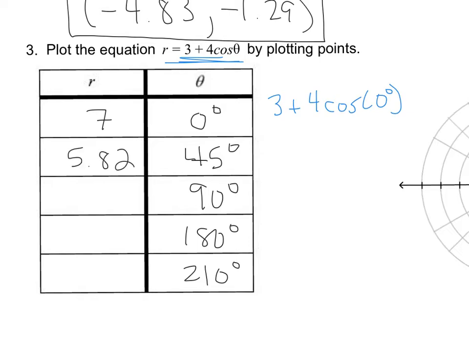And we'll plot all these points, and then we'll use our calculator to kind of fill in our graph. If I do 90, so 3 plus 4 cosine 90, I get 3. If I do 180, then I'll get negative 1. If I get 210, and this will be a weird one, I'll get negative 4.46, we'll say. So really small negative.